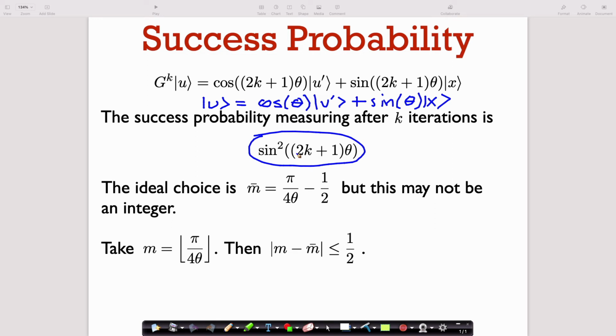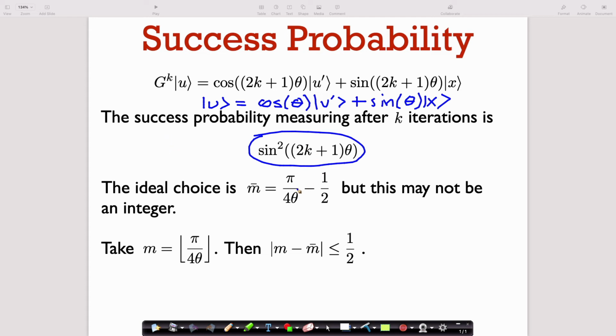Okay, so this would be 1 when the argument here is pi over 2, right? So we basically want to choose k for this to be as close to pi over 2 as possible. So the choice of k that makes this pi over 2 is pi over 4 theta minus a half. Okay, but the rub is that this may not always be an integer, right? Whereas of course we need to apply G an integral number of times.